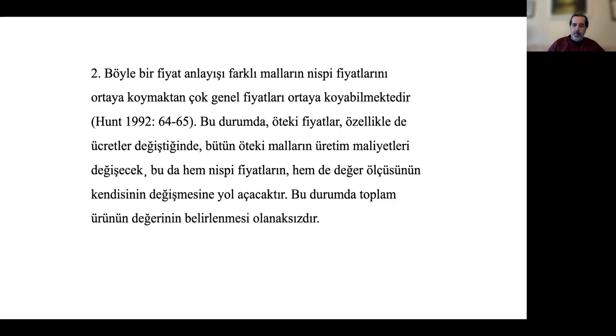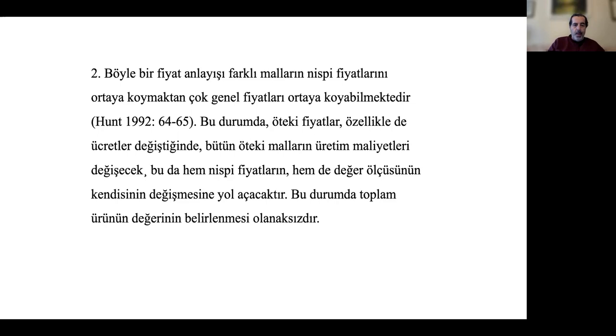The second problem with this formulation of the natural prices in Adam Smith is that it reveals the general prices, nominal prices actually, but we need also relative prices. In order to distinguish between relative prices and the general price level, we need to solve the index number problem. So we need a measure of value. This is a technical problem from the very beginning.